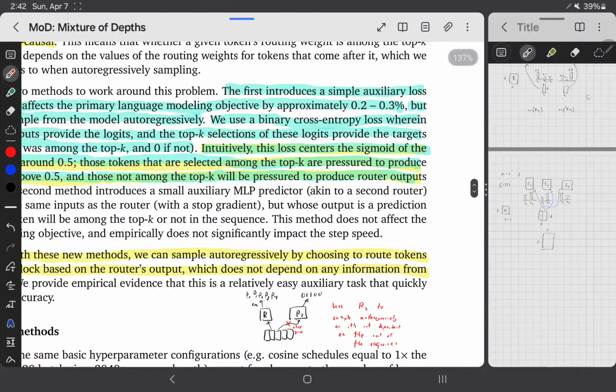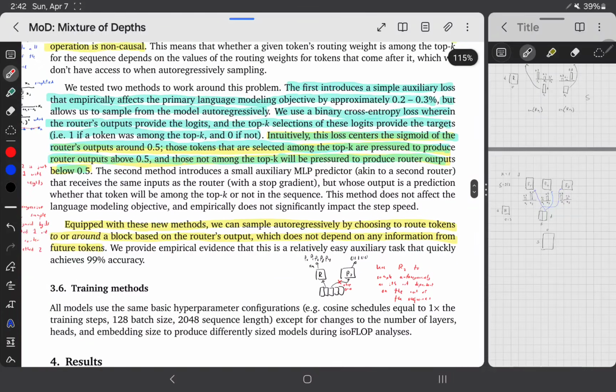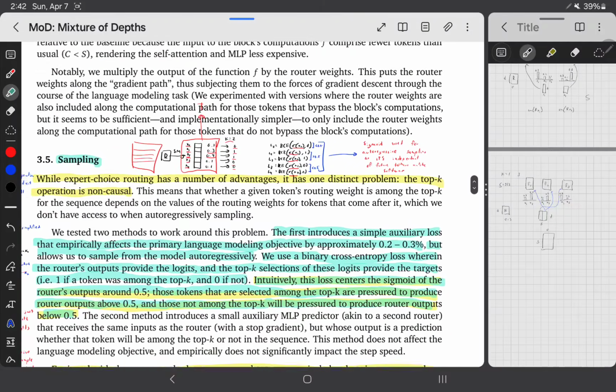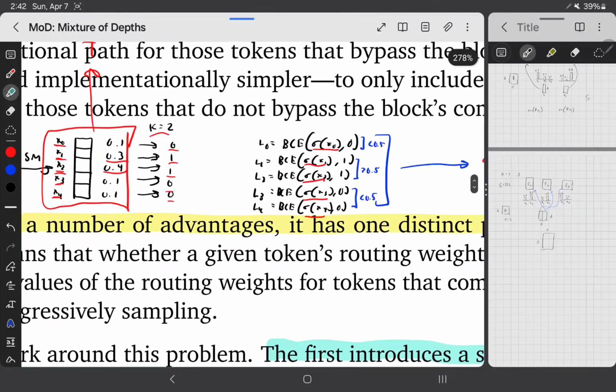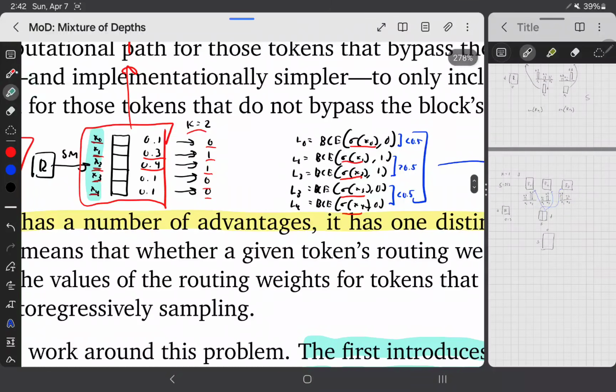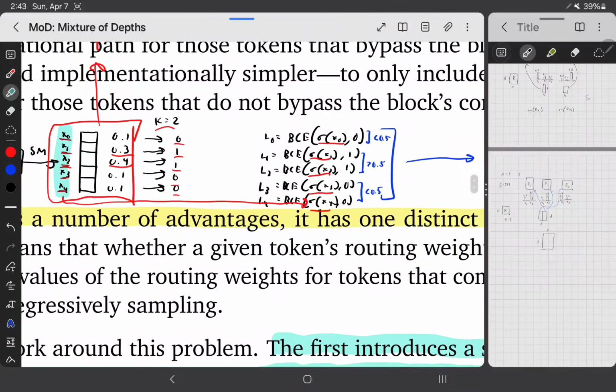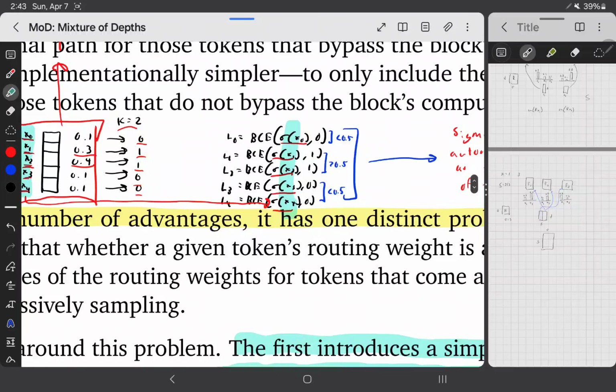Now, the second thing they do is they have an MLP, which basically does this task. These use the same weights, which are sent over here to the auxiliary loss, sent through a sigmoid.